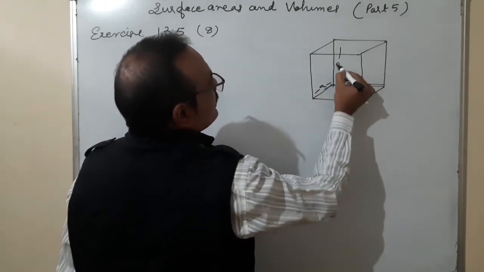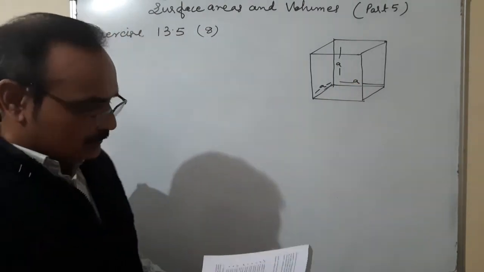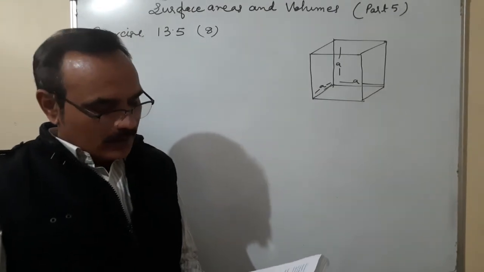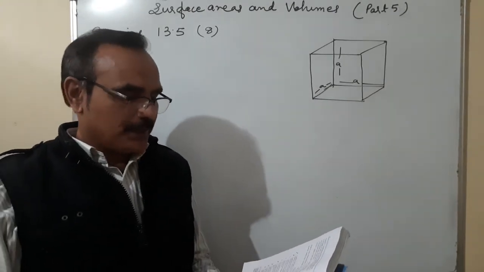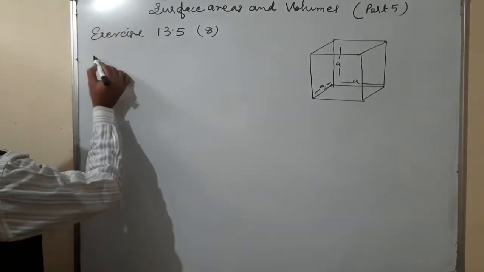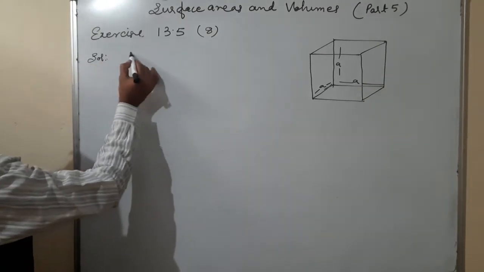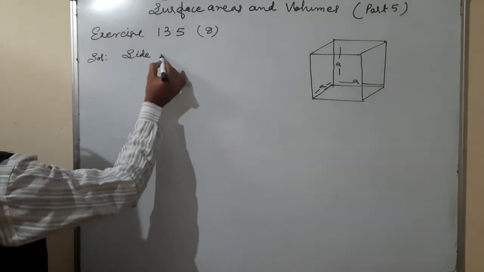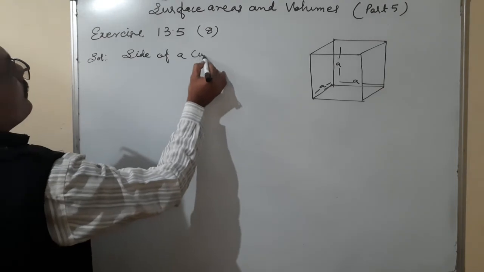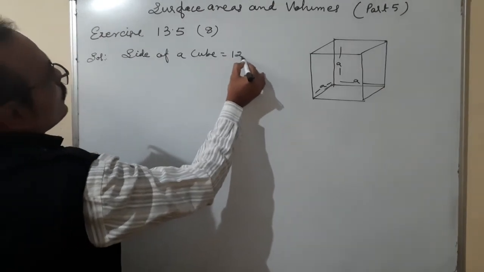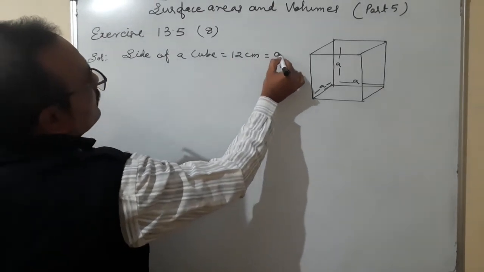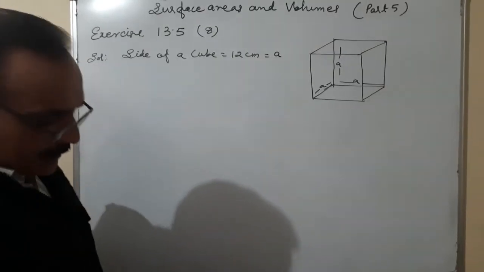A solid cube of side 12 centimeter. Side of a cube is equal to 12 centimeter. This is equal to a.